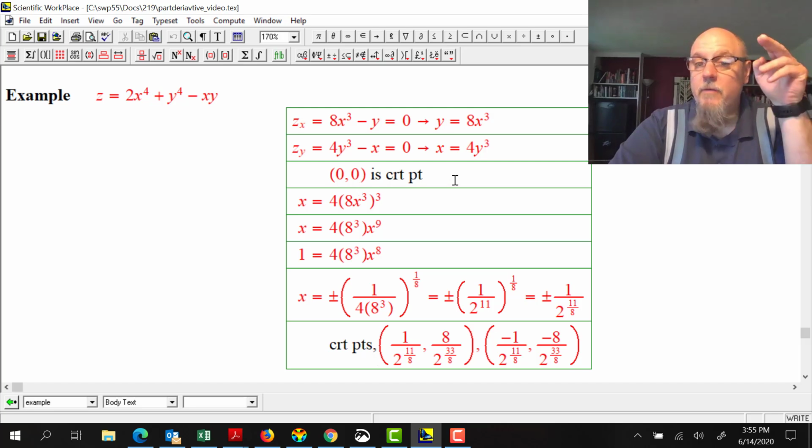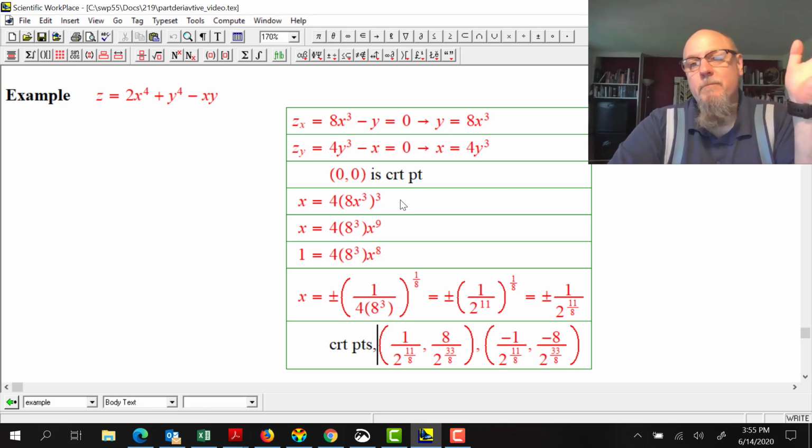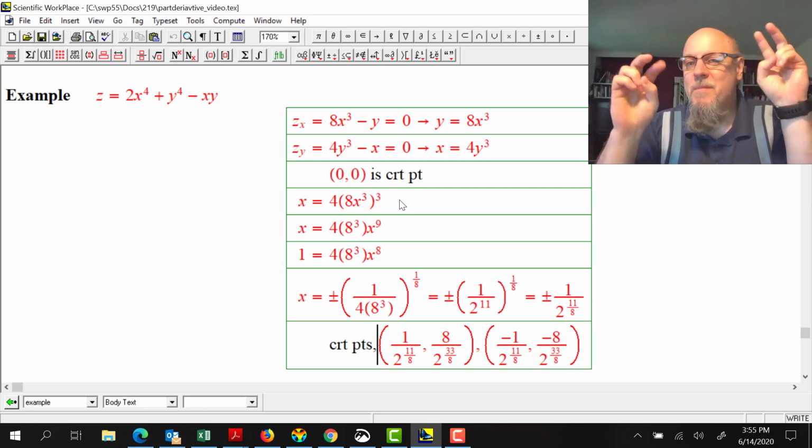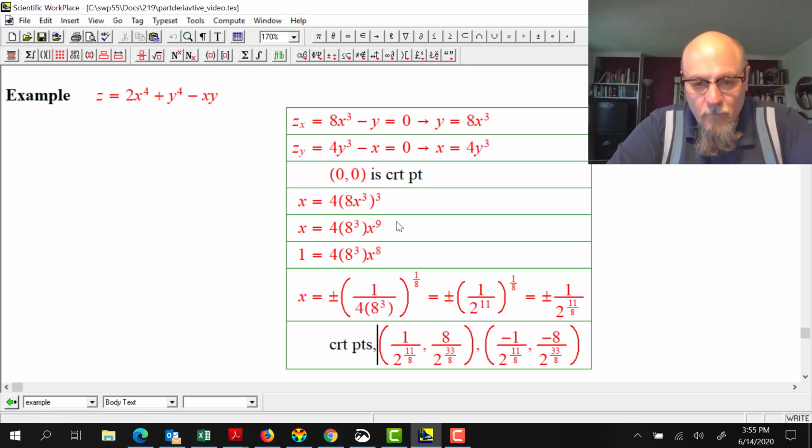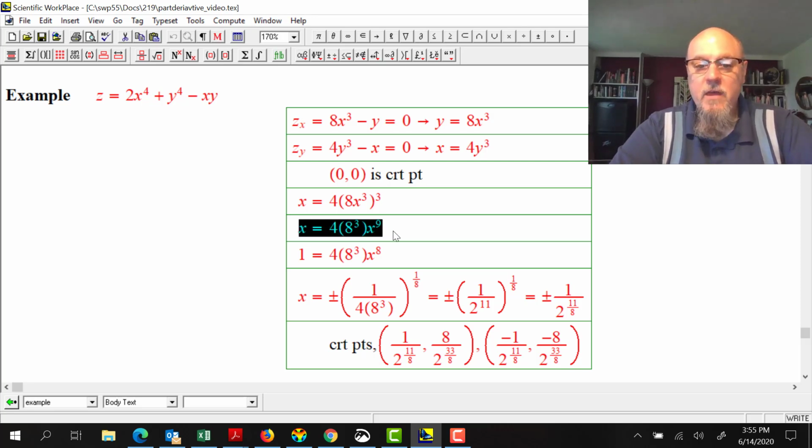It's a good thing I found that 0, 0 first by inspection, because we kind of missed it as we went through the algebra. Where did we miss it? We missed it right here. When I canceled an x off both sides, I'm dividing both sides by x, which is totally valid algebraically unless x is equal to 0.